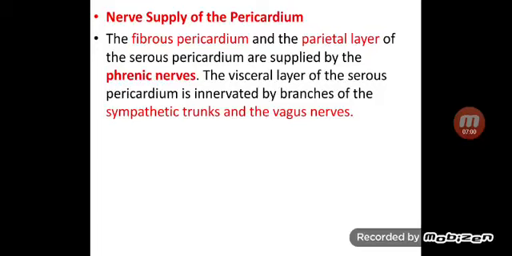But the visceral layer of the serous pericardium receives autonomic innervation. That is to say, it receives sympathetic fibers from the sympathetic trunk and also parasympathetic fibers from the vagus nerve.